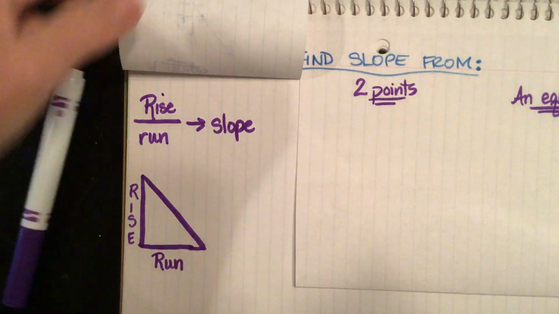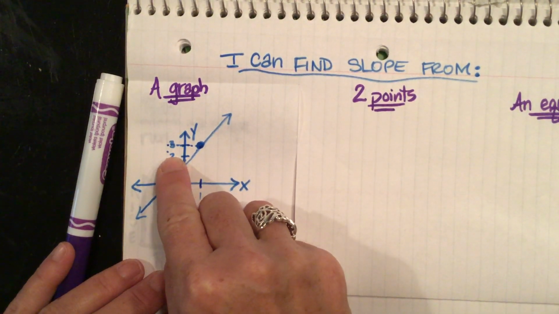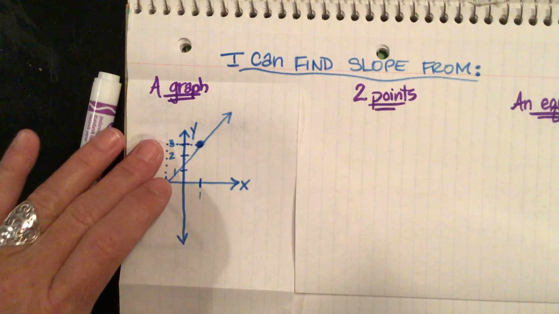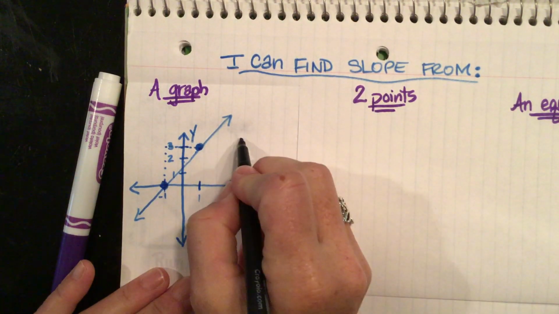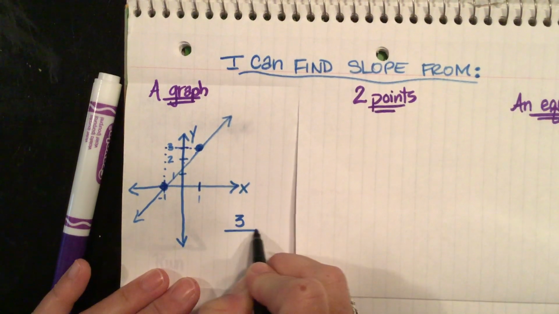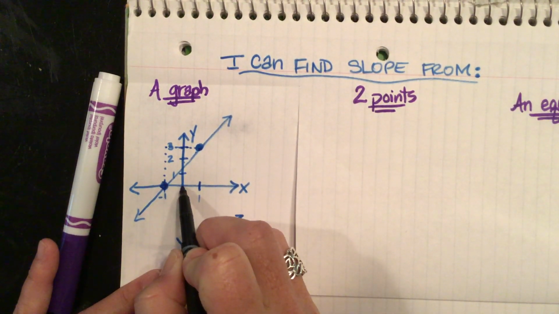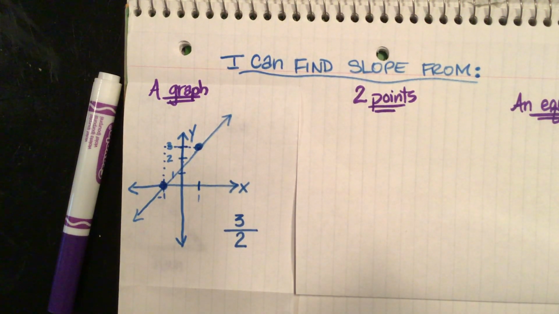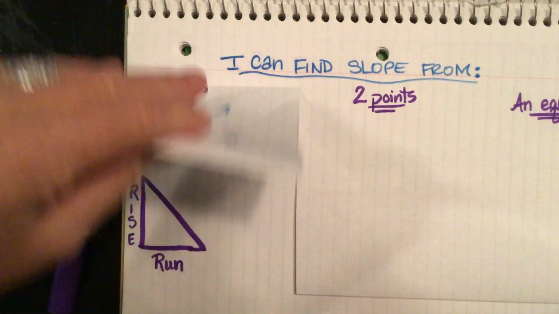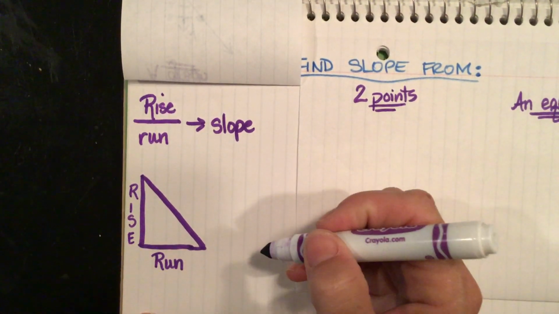So my rise here would be 1, 2, and 3. And my run is, if this is a -1 to 0, and a 1 again, would be 2. All right, so this is another way.